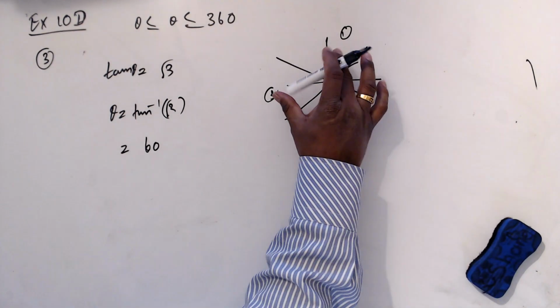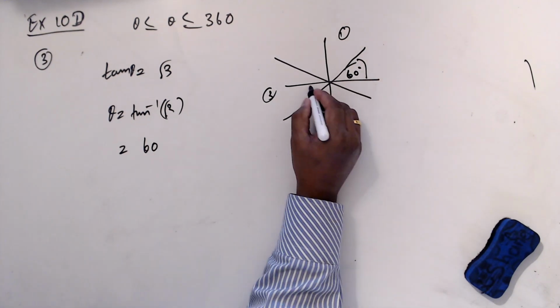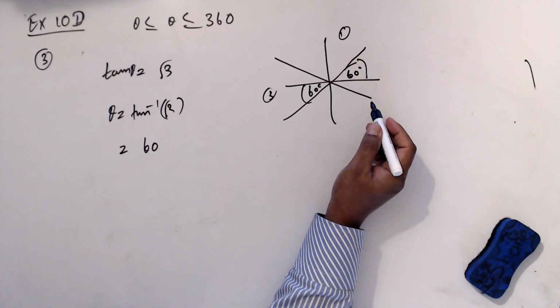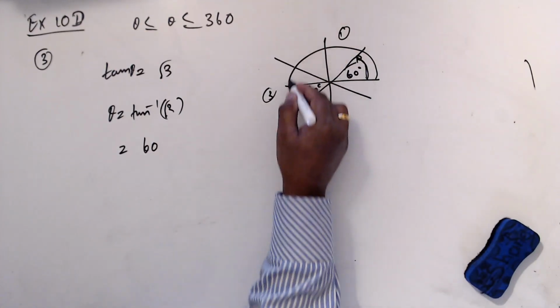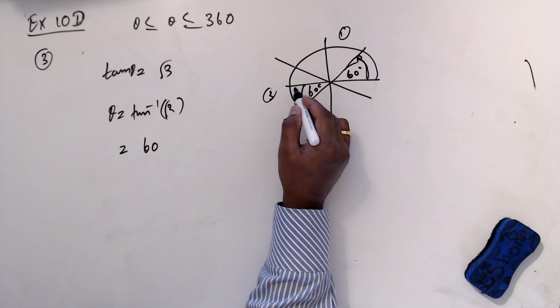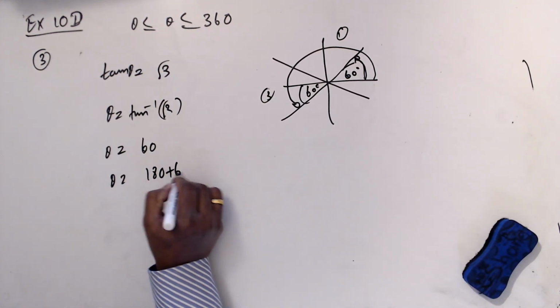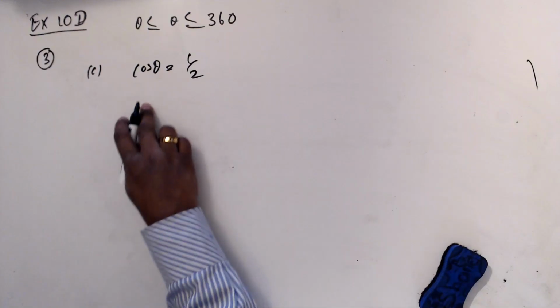So we'll write only the first quadrant and the third quadrant. We don't need to write others. Now one answer is 60. The second answer is 180 plus 60, 240. Cos theta is half.